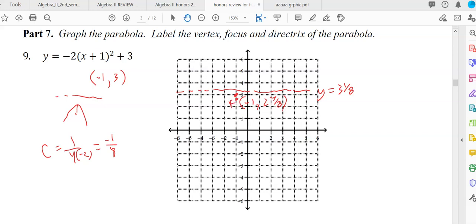And then this distance is C in each direction, so a total of 4C for the focal diameter. So if I go twice times negative 1/8, no, let's see. Yeah, 2 times 1/8 is 2/8, which is 1/4. So I go 1/4 to the right, 1/4 to the left, make my points, and draw my parabola.